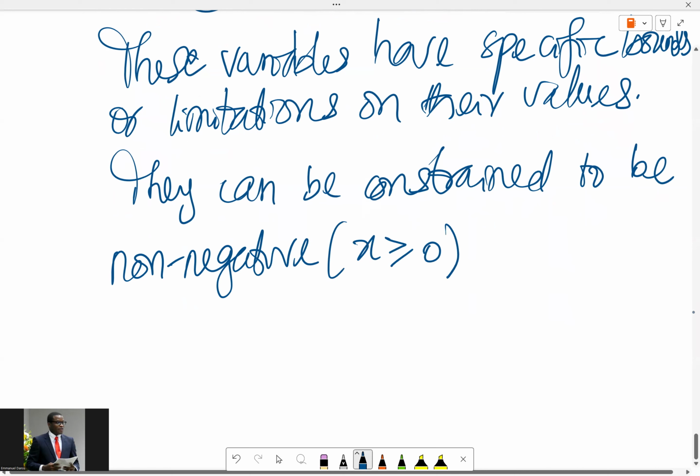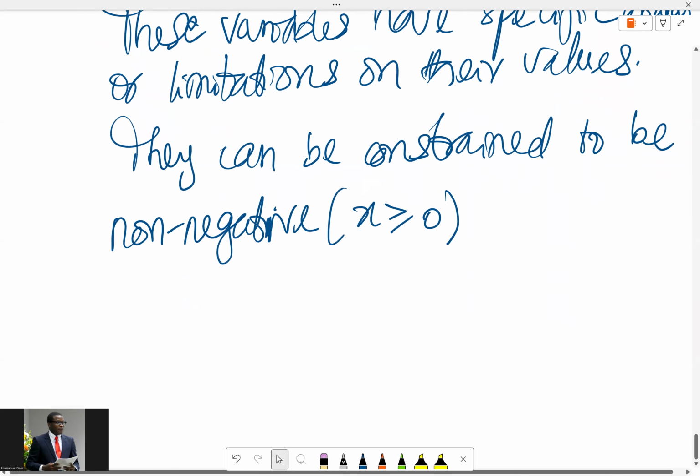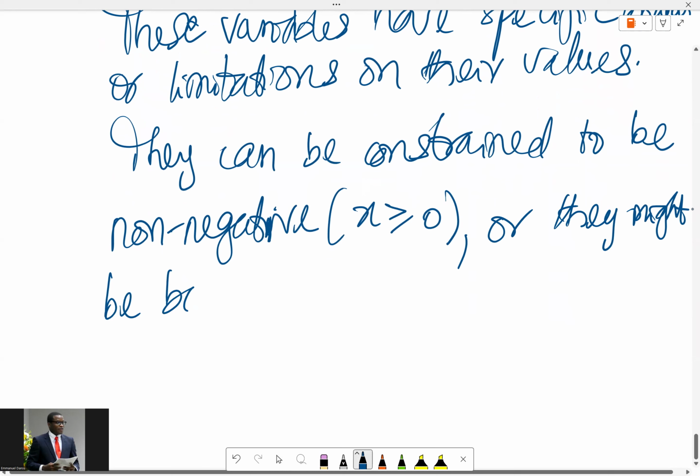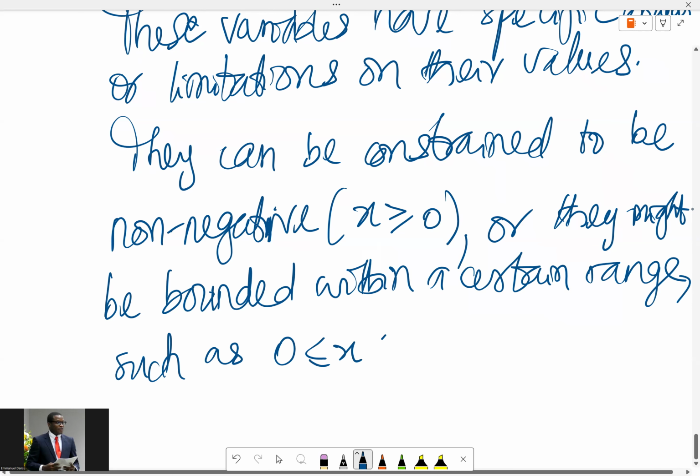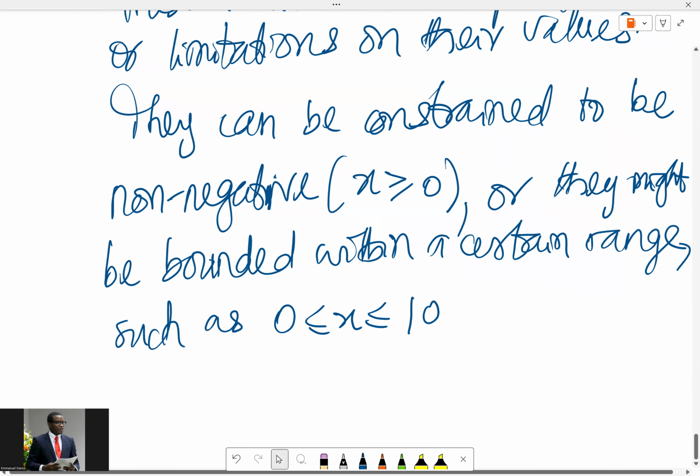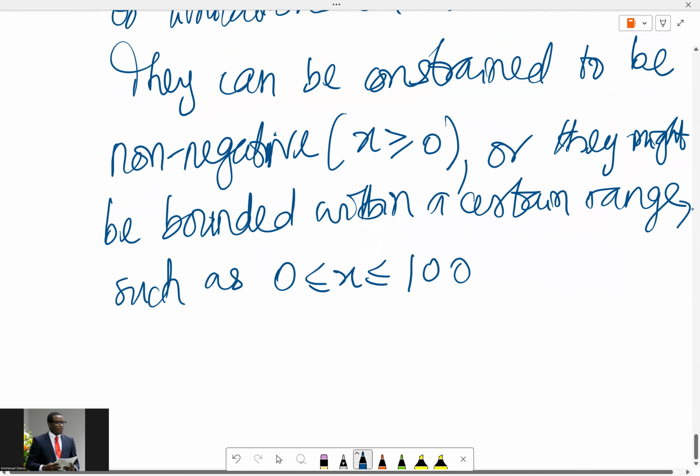Here we are imposing a non-negativity condition on the decision variable. Or they might be bounded within a certain range, such as 0 is less than or equal to X is less than or equal to 10, or 100, or whatever you choose. So those are restricted variables.